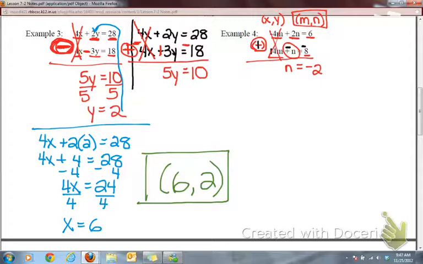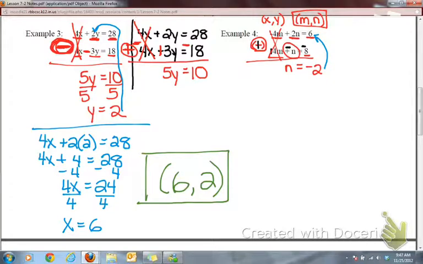By eliminating the m's, because they had the same coefficient, this problem is kind of nice because our n's just gave us n equals negative 2. We don't have to do any dividing. Now I need to take that n equals negative 2 and plug it into either one of the top equations. I'm going to use the actual top equation and plug that in for n.